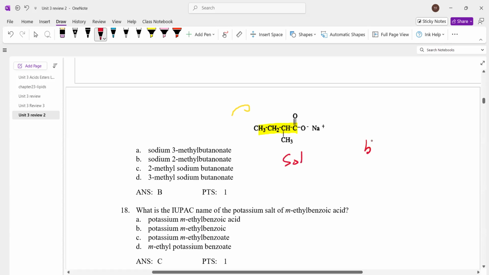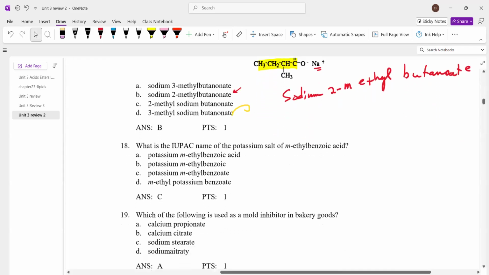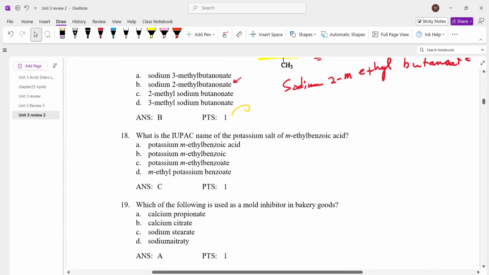And so we have sodium, and it's got 2 methyl butyrate. So we have sodium 2-methyl butyrate. Having the sodium in the front really kind of gives it away.